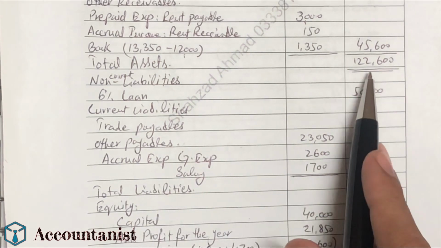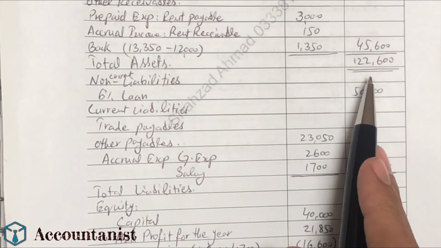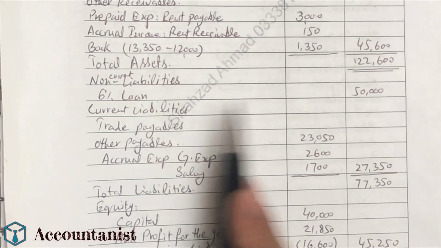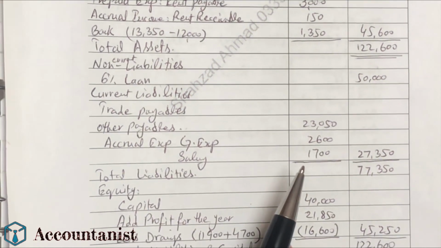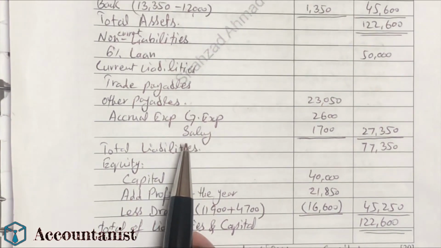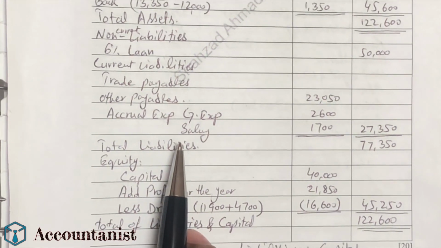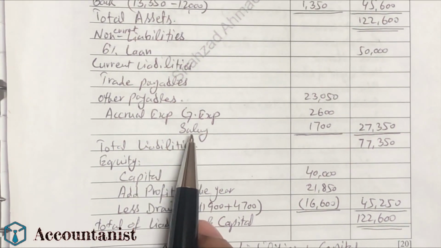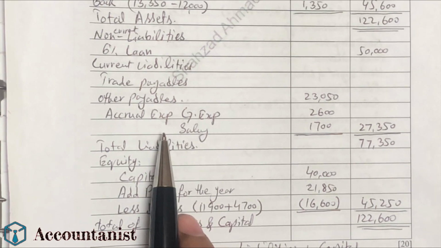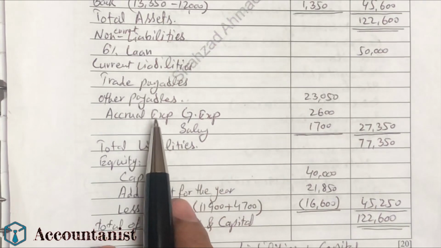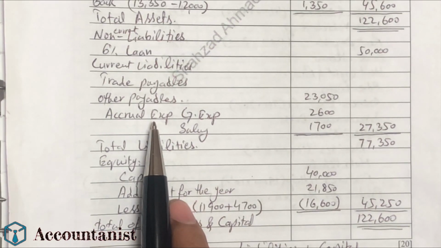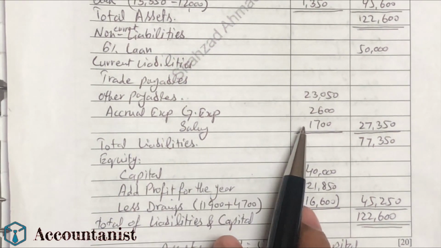So after making the total of total assets, we'll write down non-current liabilities, bank loan, and the current liabilities, trade payables, other payables. If there is an interest accrual, obviously that will also come up here because interest is an expense. So interest on loan, if there is any interest on loan accrual, meaning we have not paid the interest yet, we'll write it down here as well.